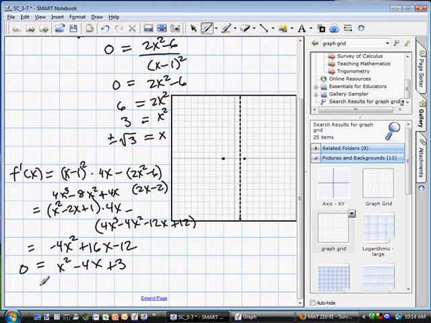And that's factorable, isn't it? x minus 1, x minus 3, yeah. And of course there are 2 times when that will happen. Okay, what do we call those places? Did I make a mistake?